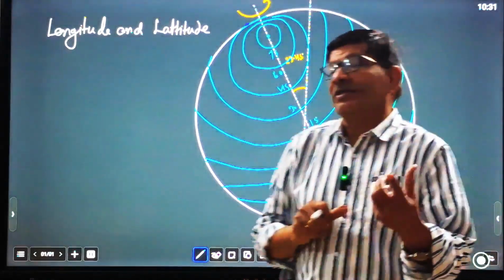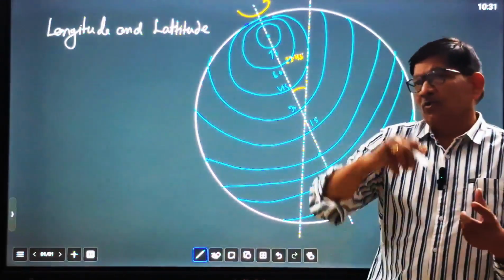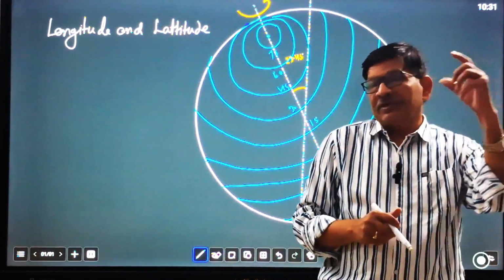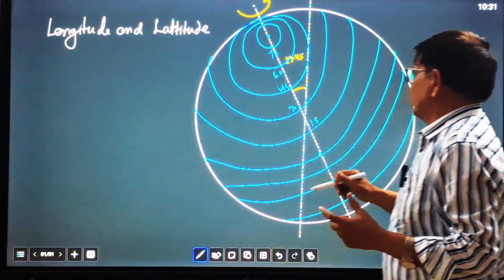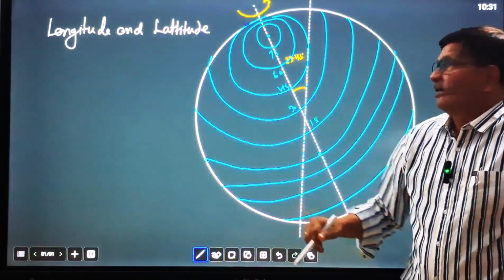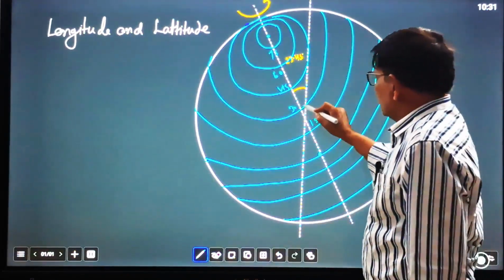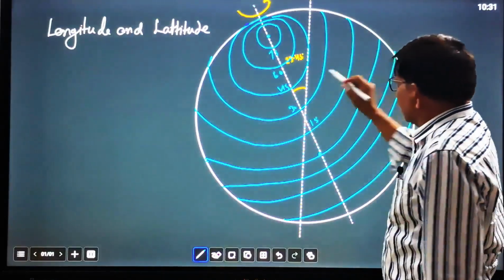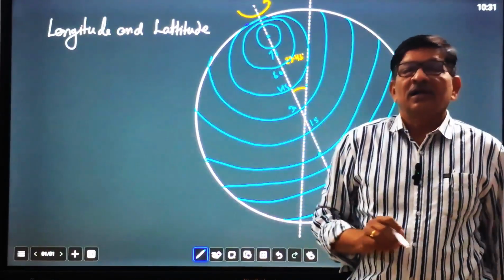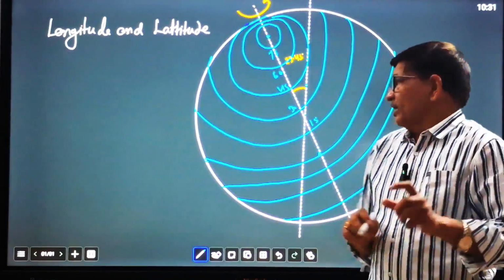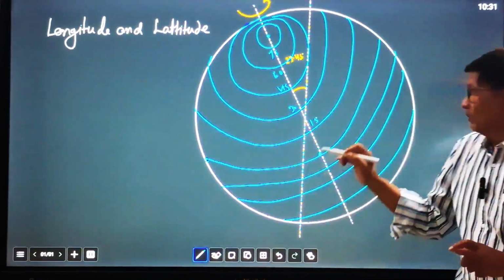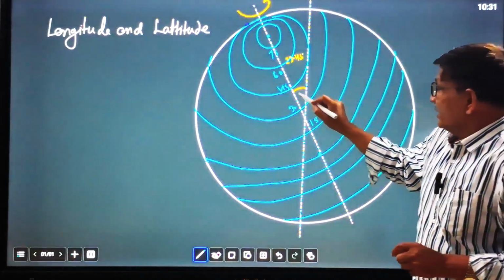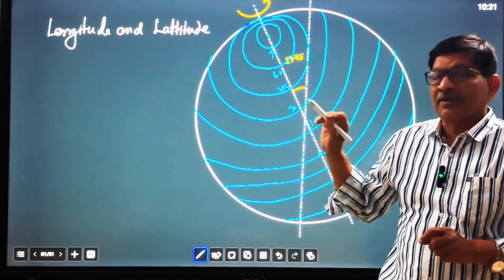Because 1 hour equals 15 degrees, the whole globe can be divided into 360 degrees, meaning 24 circles, 12 here and 12 on the opposite side. You can say the Earth is cut into slices of circular disc, because each 15 degrees means 1 hour.